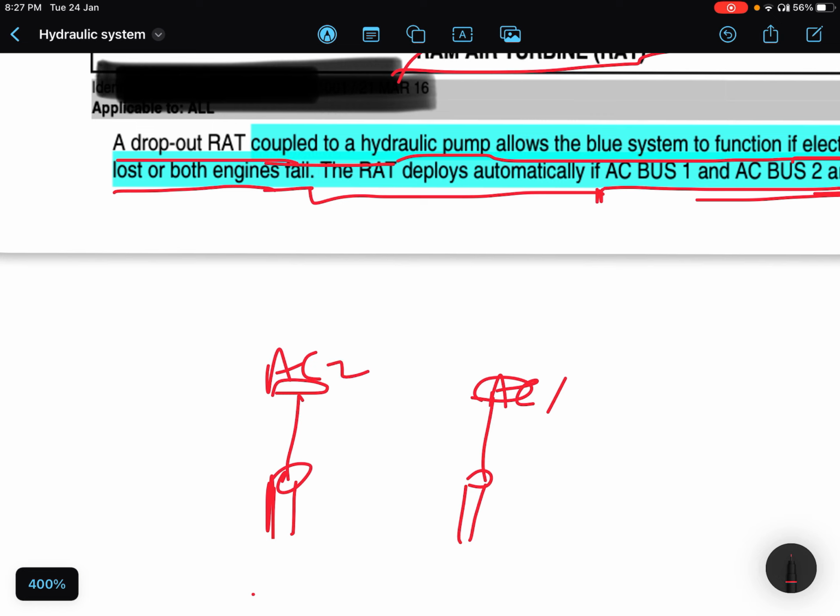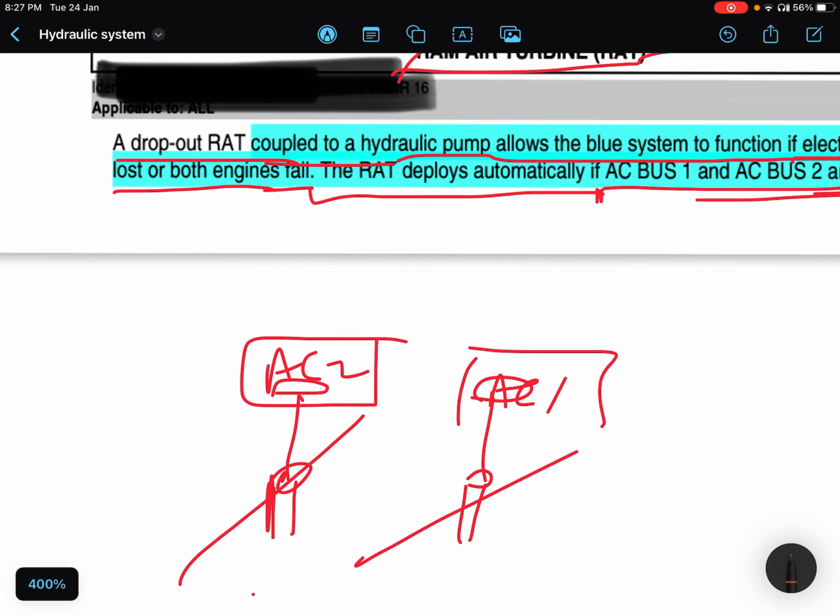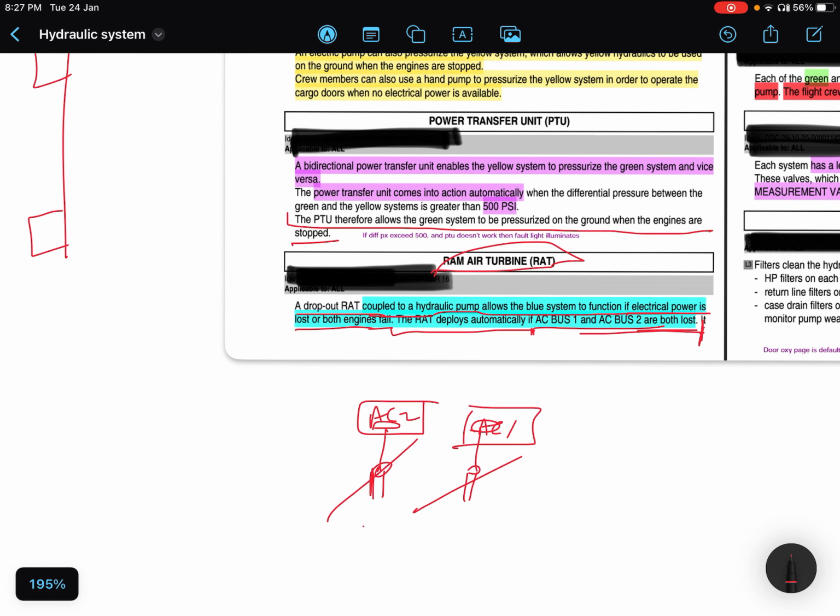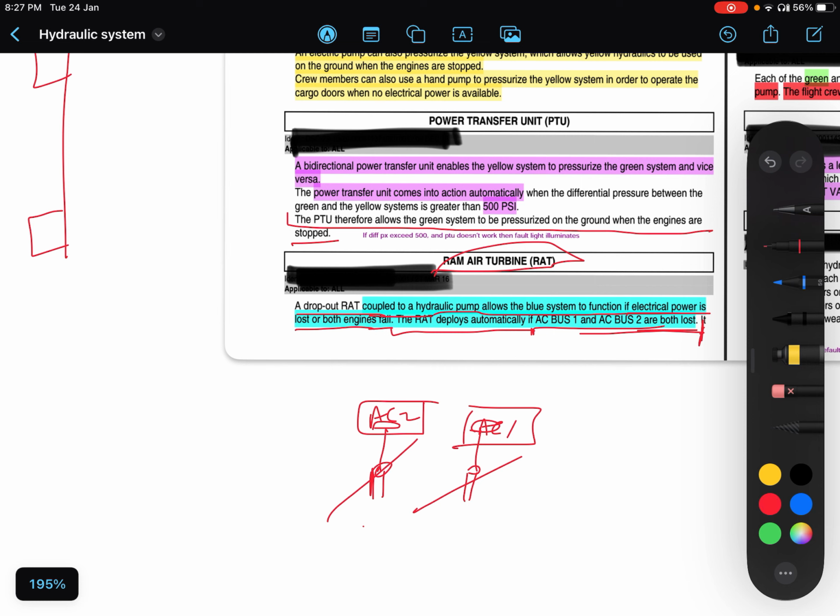So if both engines are not working, then these buses are not powered. Whenever it is sensed that both buses are not powered, it means it's an emergency situation. So this RAT deploys automatically. It's an automatic function.